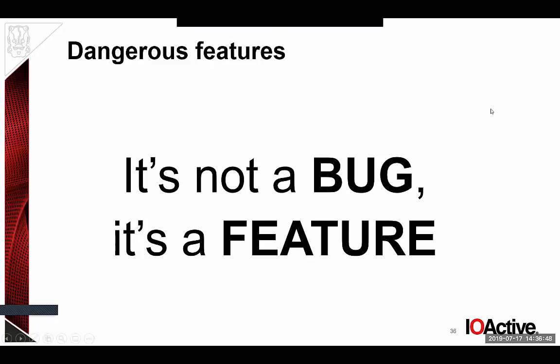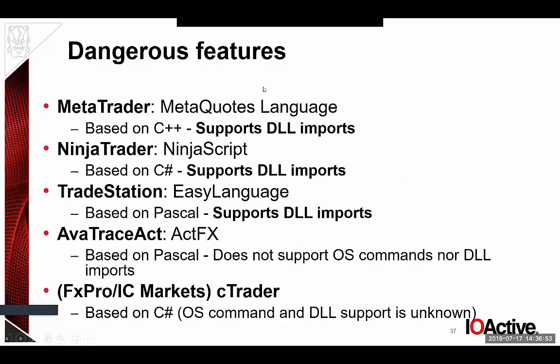All right, dangerous features. This is not a bug, this is a feature. And this feature is called DLL imports. There are many platforms, the most sophisticated ones, that allow you to create your own trading robots.